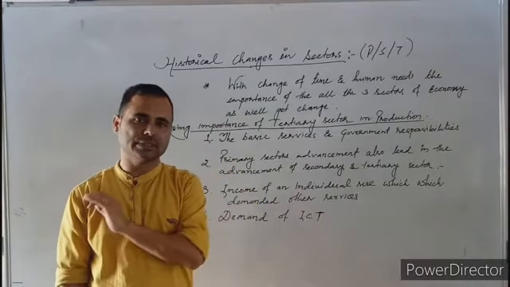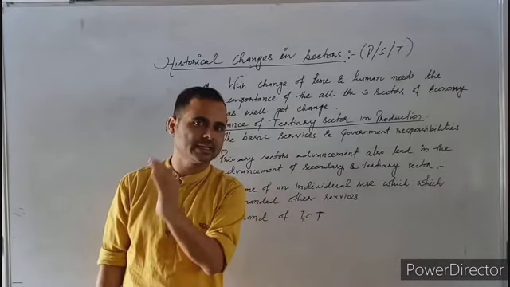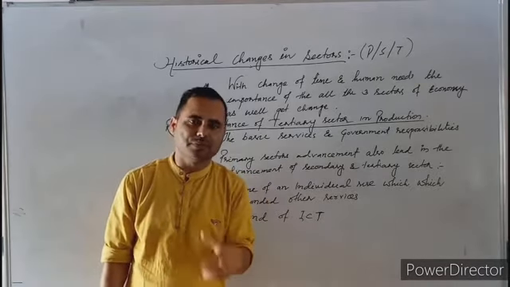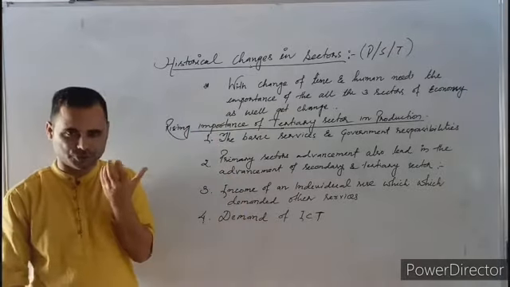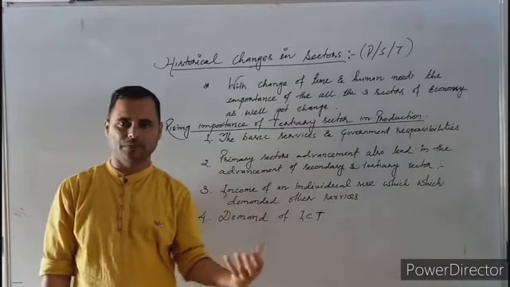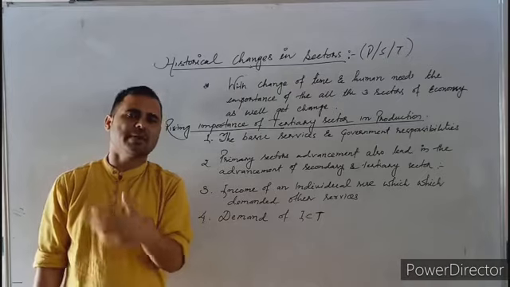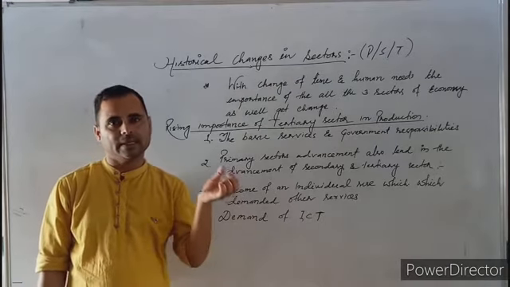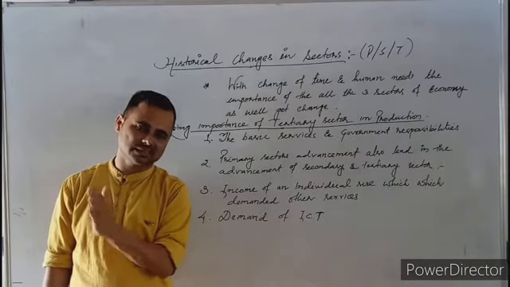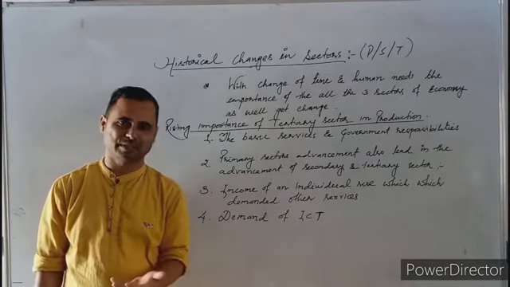As a result, the primary sector, where basically agricultural activities take place, is in a race of producing more and more goods so that the demand in the market can be fulfilled. As a result, to meet this rising demand of the people, what happened? The agricultural activities, which are classed as primary activity, started to modernize themselves.